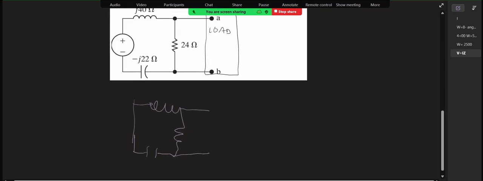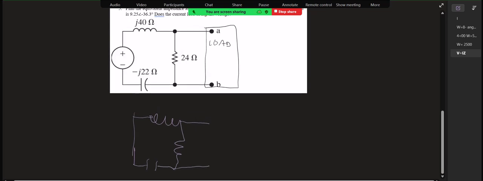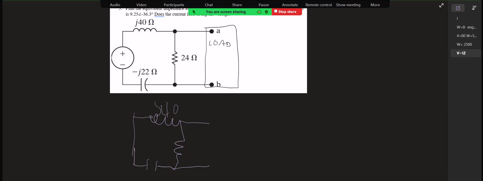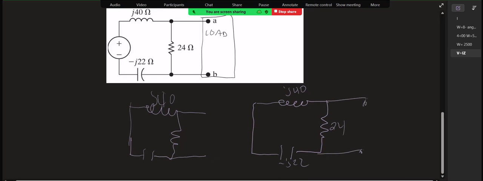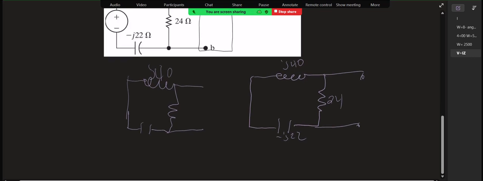So we would have J40, let me draw this better. So the equivalent impedance as seen by the load.